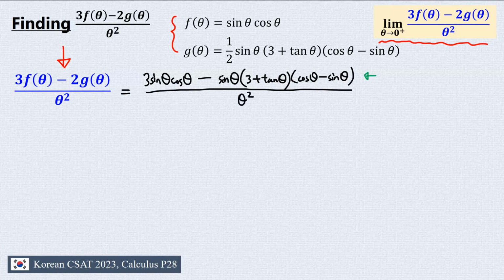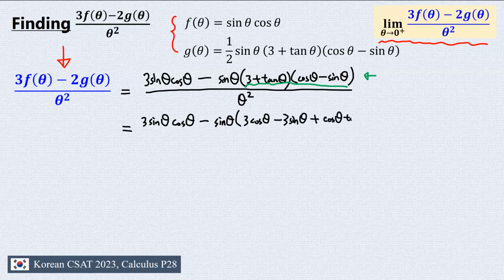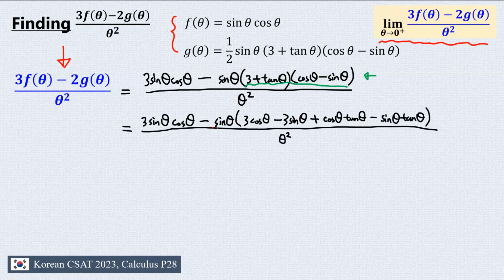Now we have to expand this, and let us multiply these two terms first. So first we have 3 cosine theta, then minus 3 sine theta, then plus cosine theta tangent theta, minus sine theta tangent theta. And now we multiply this sine theta using distributive law, but first notice that this cosine theta tangent theta equals sine theta.